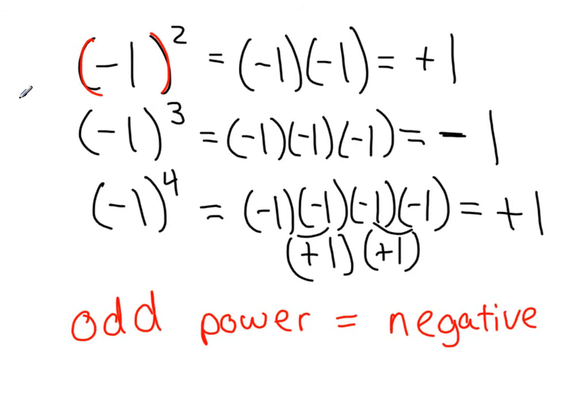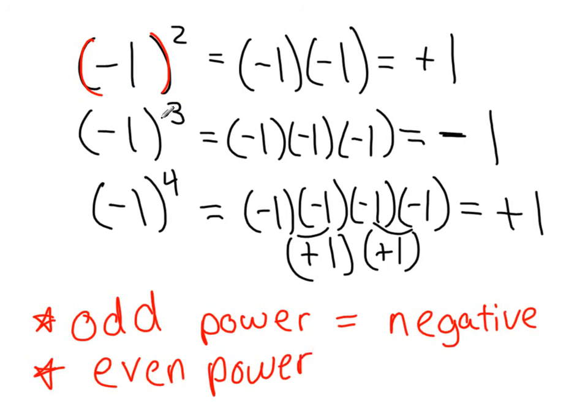If there's anything out on the outside, it'll change our answer. So just be careful. This is just a special case of a rule. The next one is if we have an even power, and that's like 2 and 4 here, we have an even number, our result is always positive. So we'll say is positive.